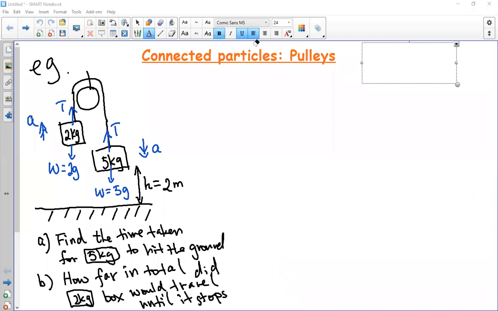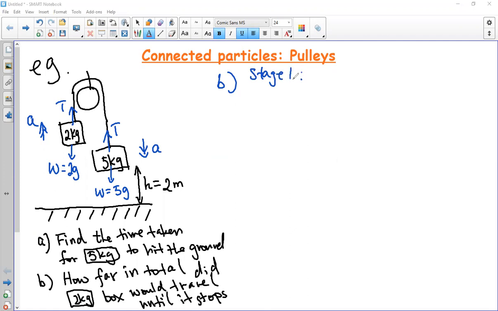That's perfect. Okay, so right, part B. How far in total did the 2 kilogram box travel until it stopped? So remember, there's 2 stages for the lighter box.